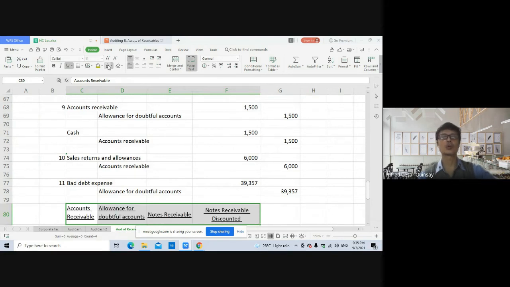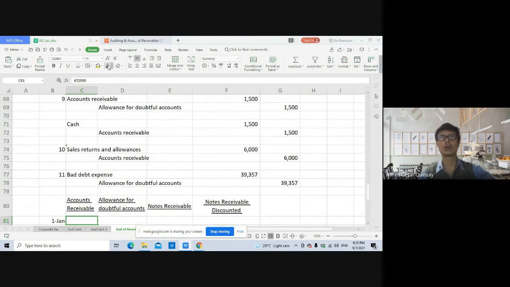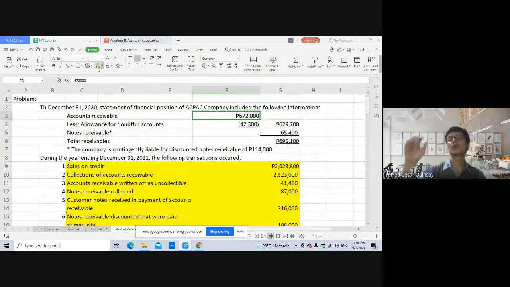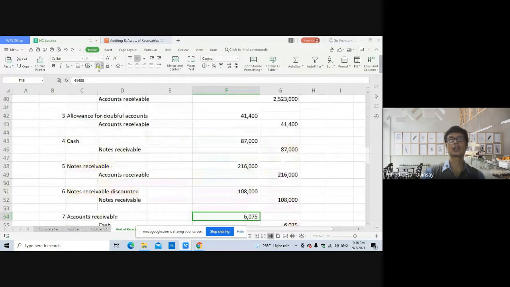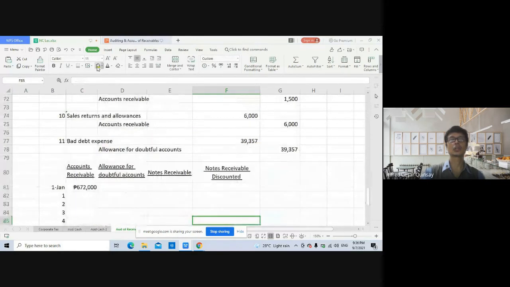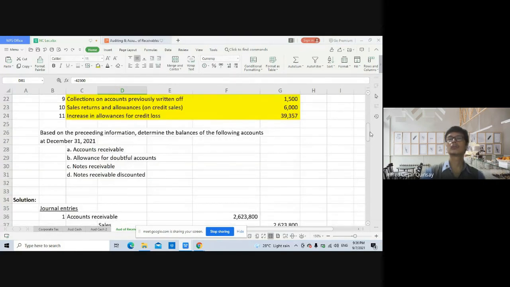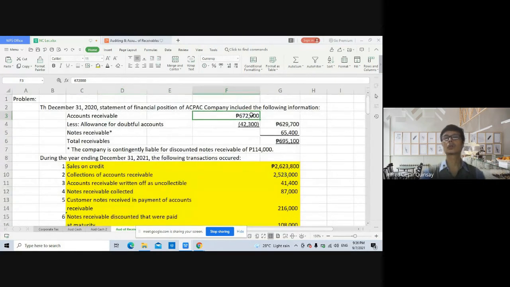Now, let's take a look at the balances, no? Okay, pwede na natin computein yung accounts receivable, allowance, notes receivable, and notes receivable discounted. So the balance of accounts receivable was 672,000. So lalagay lang natin dito yun. And yung allowance niya, ayun, 42,300.